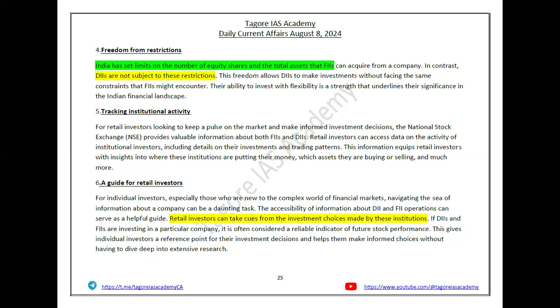He would have analyzed the market better. So we can expect him to take an informed decision. So for a retail investor, it can serve as a guide that wherever the mutual funds are investing, they should also invest in that line. However, again, not very important. This line which I have highlighted is sufficient for how they work. This green and yellow which I have highlighted, the difference between FIIs and DIIs, that is more important.